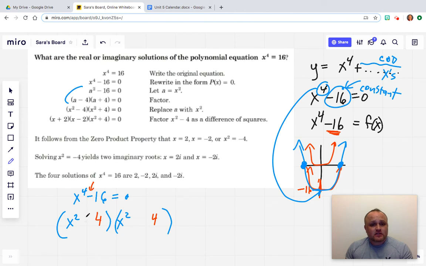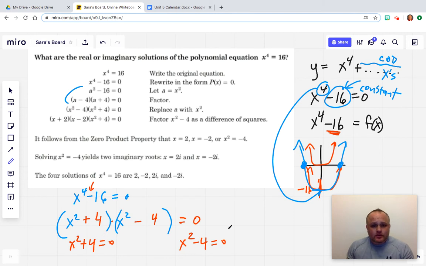Because this is negative, one factor would be positive, and one would be negative. And real quick, I've now got the multiplication happening to where I can set each piece equal to 0, and then solve for x. Okay, and that's what you see right here.